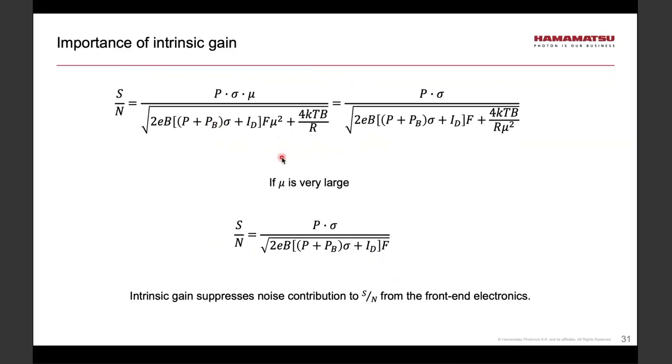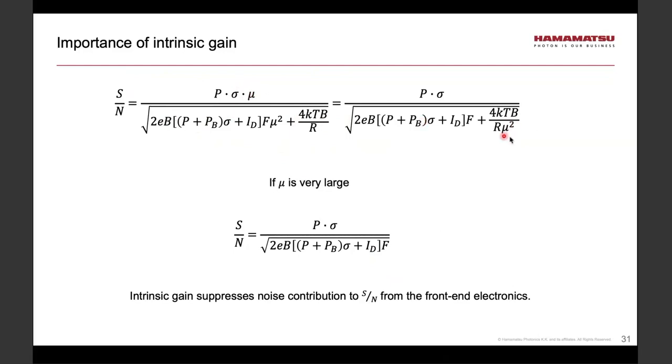This statement can be made more concrete with a little bit of math. We talked in the first part of this presentation about the signal to noise ratio of the detection. At the top we have a signal, at the bottom we have a combination of noises. Mu is the gain, so I can divide numerator and denominator by the gain.